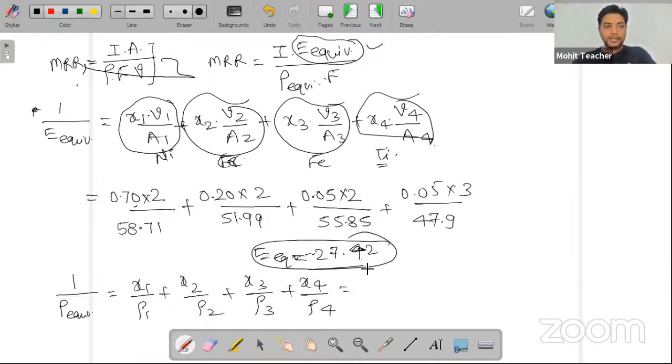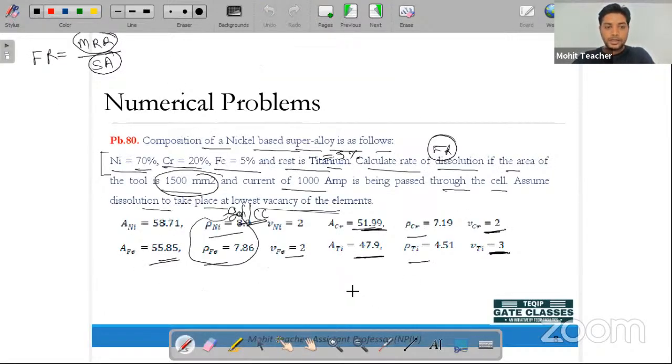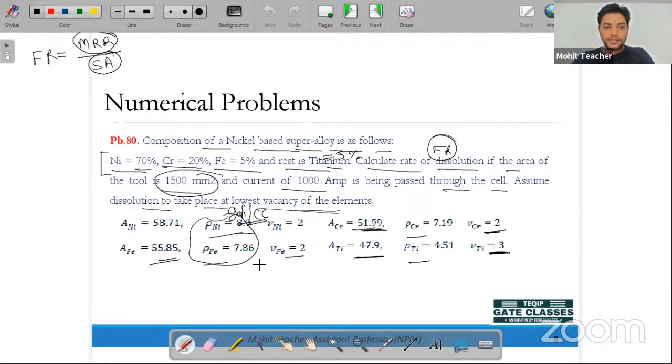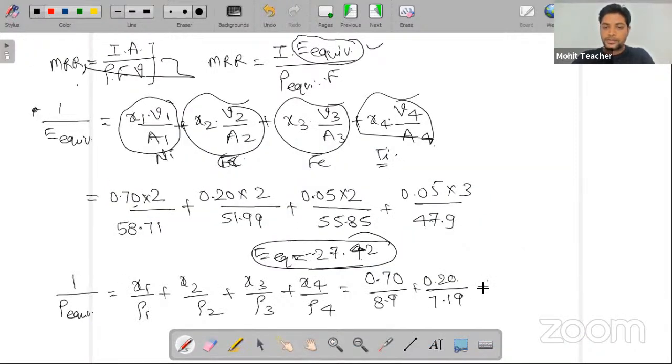From here, the percentages are the same, so this will be 0.70 first for the nickel, with density 8.9, plus x2 for the chromium, that is 0.20 upon the density of chromium, 7.19, plus the next is 0.05 upon the density of the third, 7.86, plus 0.05.